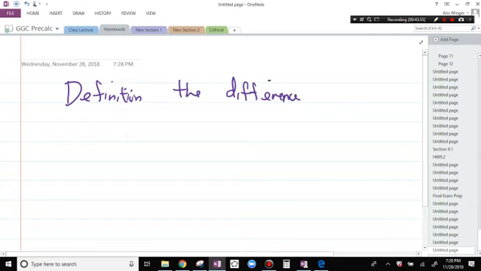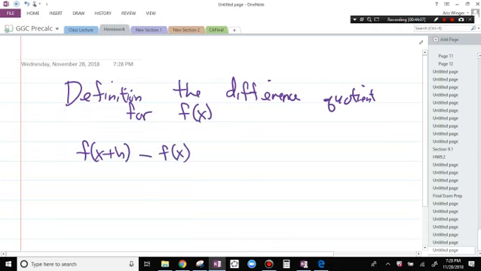The difference quotient for f of x is given by f of x plus h minus f of x all over h. All right.